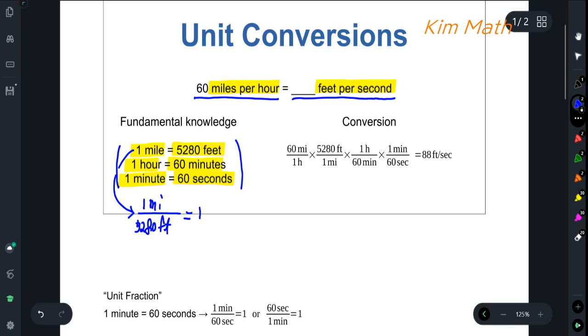This must be 1, right? This is a very important concept. Or this is also possible: 5,280 feet and 1 mile. This is also 1, right? And we call this one a unit fraction.